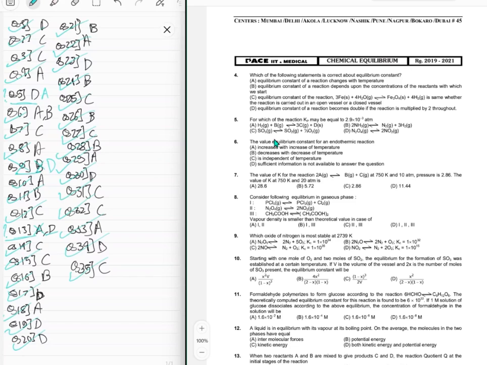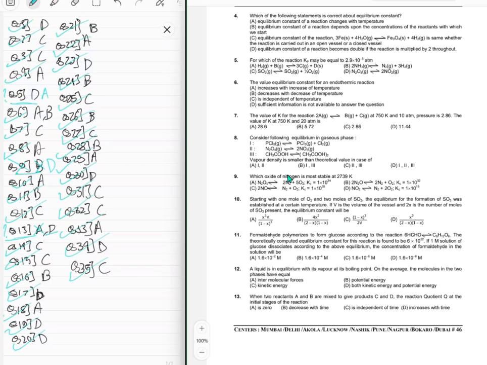And then we have to go to question number 9. Which oxide of nitrogen is most stable? They gave D as the answer. Wait, what? But it has like 30 as the thing. So are these people that stupid? Seriously? Oh wait, I think this is a typo over here.